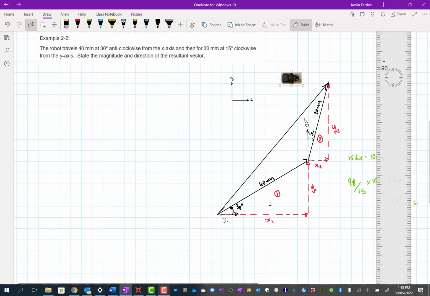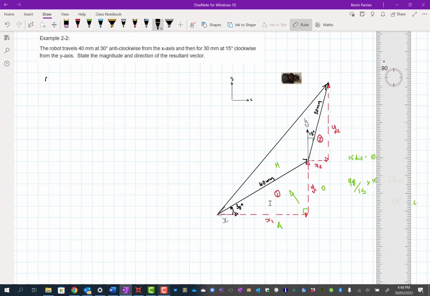So let's do that. Usual stuff. Where's the right angle? And so this is going to be hypotenuse. This is going to be opposite. This is going to be adjacent. First thing we want is x1. And so we've got adjacent and hypotenuse, so it's going to be cos.